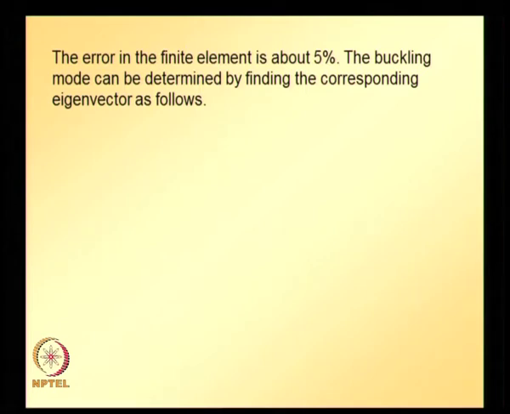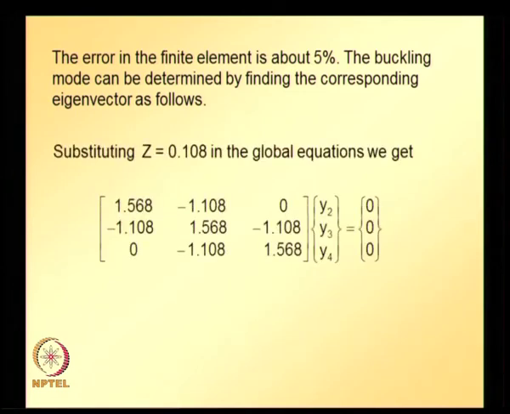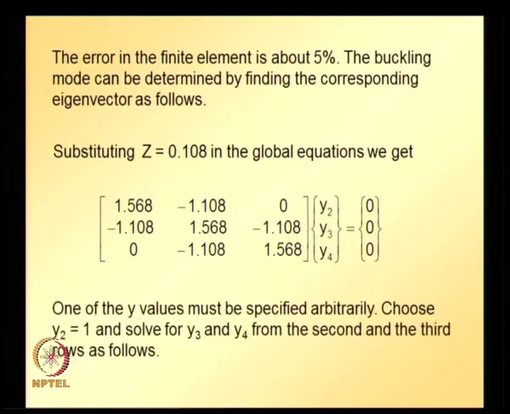The buckling mode can be determined by finding the corresponding eigenvectors. So, we got the eigenvalues; by substituting each eigenvalue back into the equation, we can determine the corresponding eigenvectors. Substituting z equal to 0.108 in the global equations, and when solving for eigenvectors, one of the y values must be specified arbitrarily.